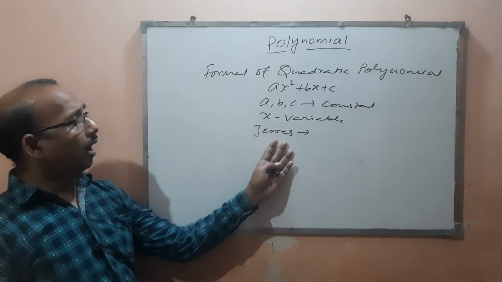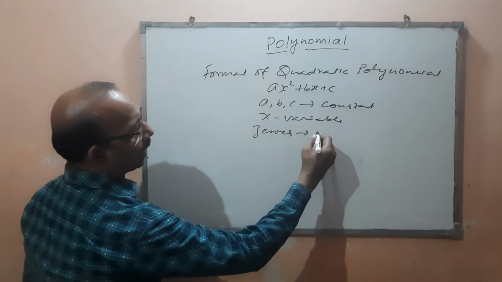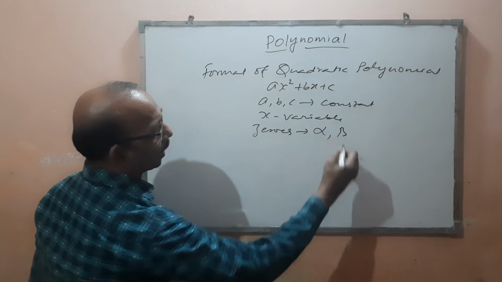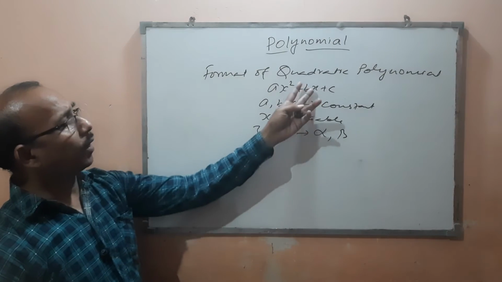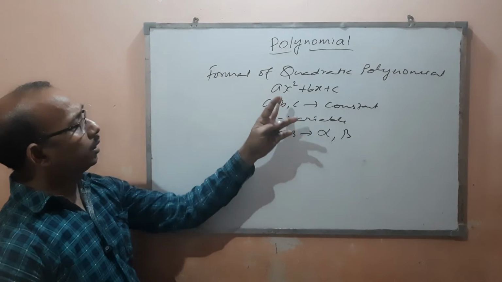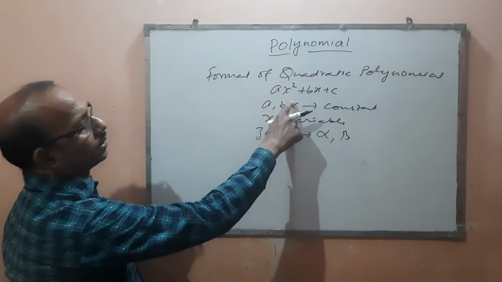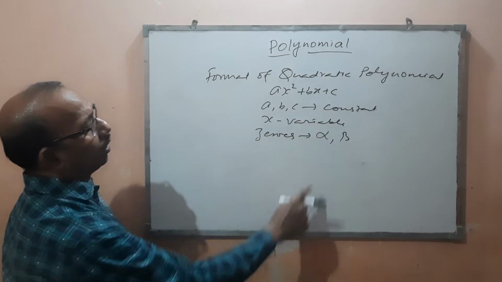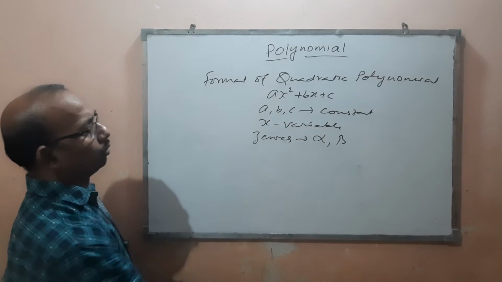Here I am indicating the zeros as alpha and beta. Alpha and beta are the zeros of the quadratic polynomial. So in this format, you have learned about the constant values and the zeros.